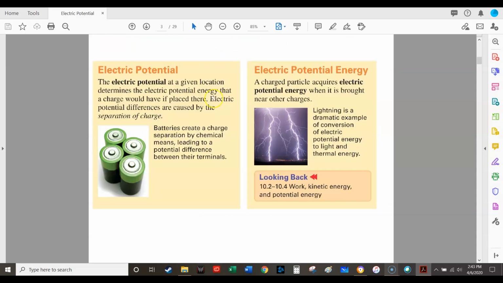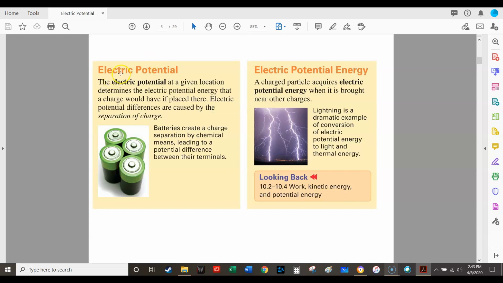So let's begin. You've probably heard of electric potential, but more in the term of voltage. They are the same things, okay? The term electric potential is analogous to the electric field. So we'll get into how it comes about and what it is in a second.